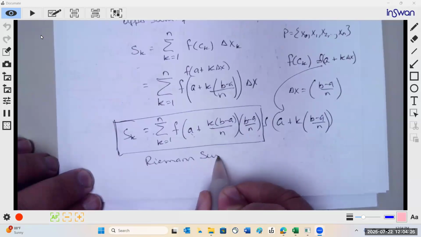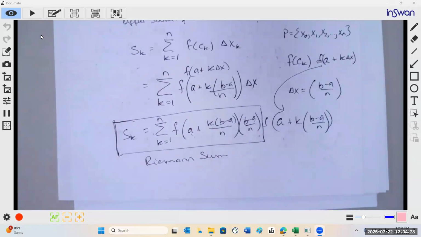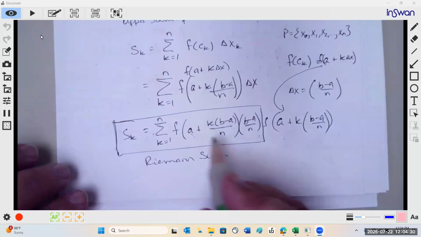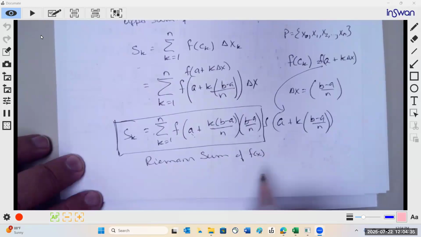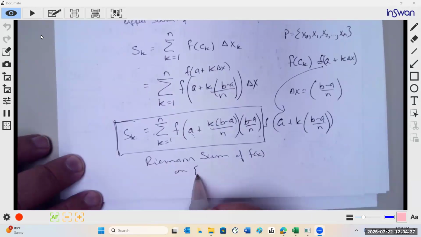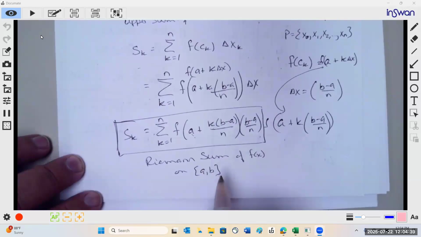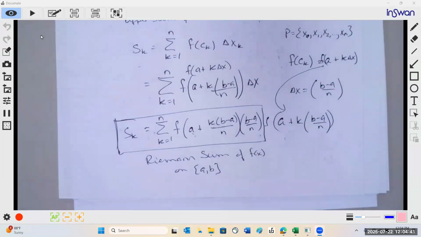The Riemann sum. It's the Riemann sum of the function f of x on the closed interval a, b. Why is this important? Because in the next section, we're going to define this further, and that's what we're going to be using from here on out.